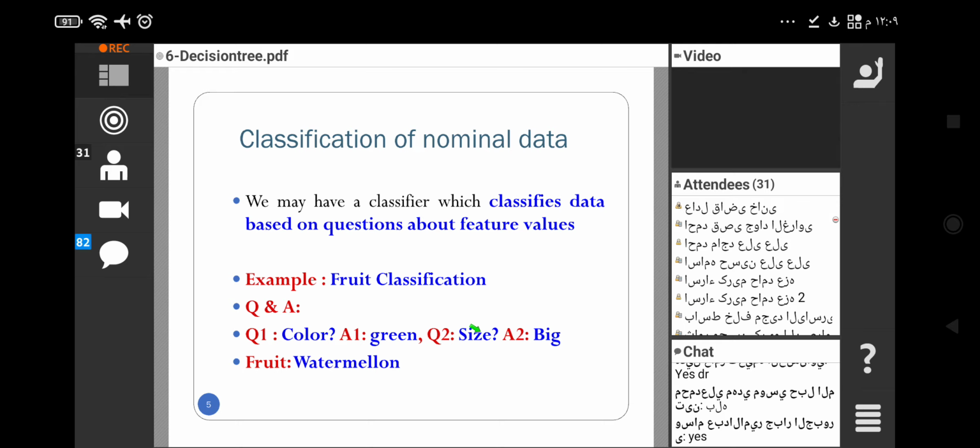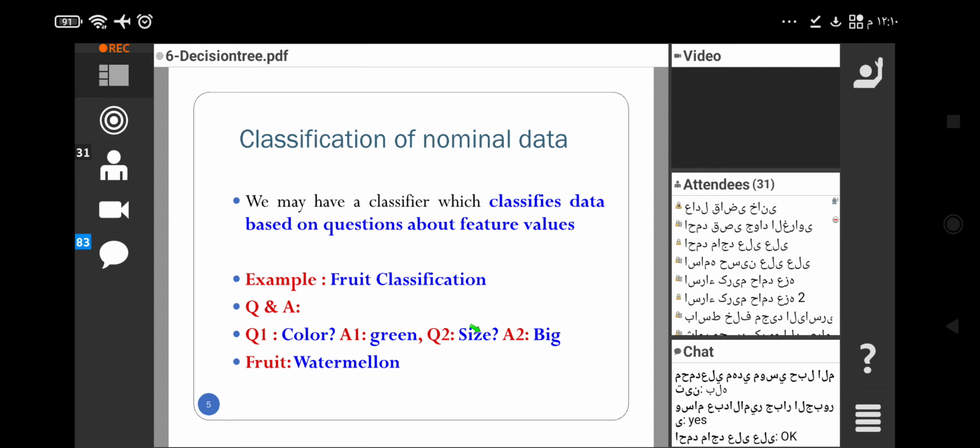The question is based on the features. In the data, what are the features, and based on those we ask about those features. The values here, because the features are nominal, nominal means the values of the feature are characters or strings.